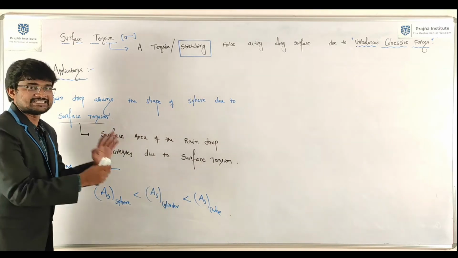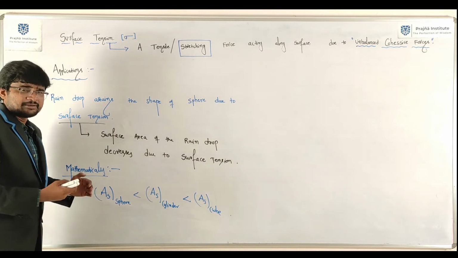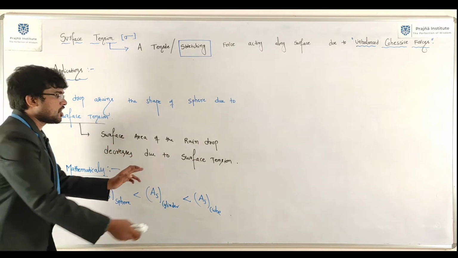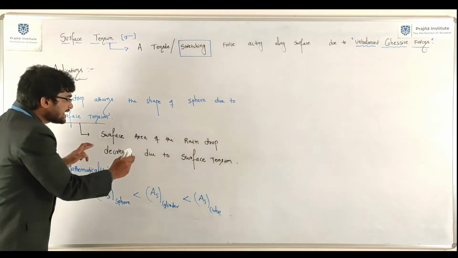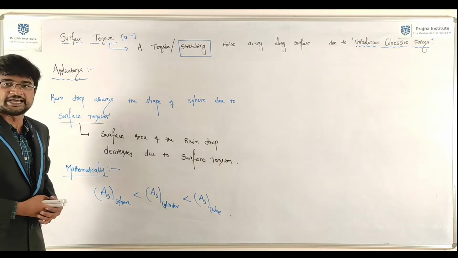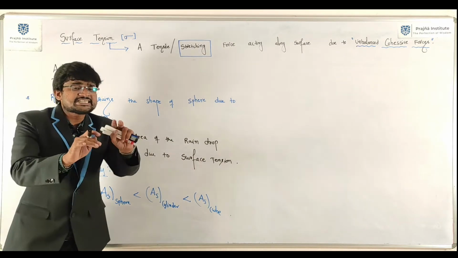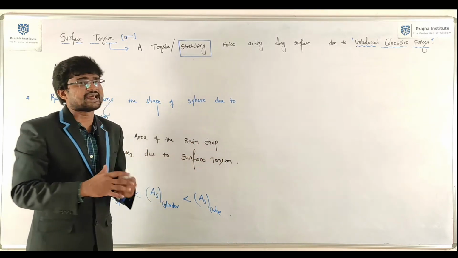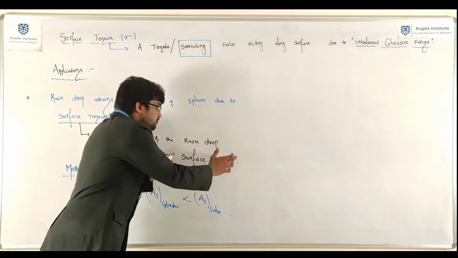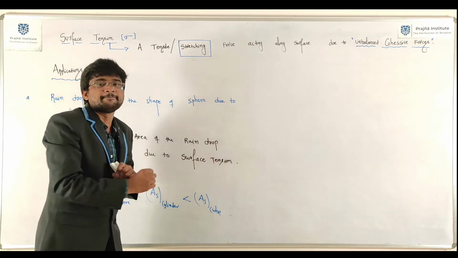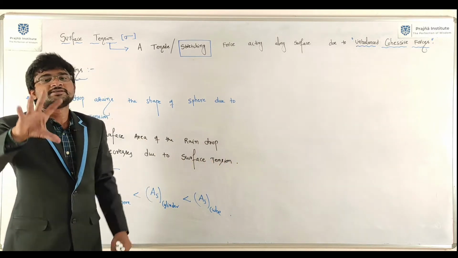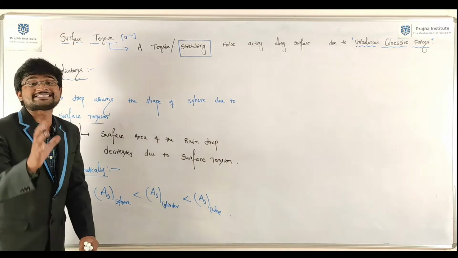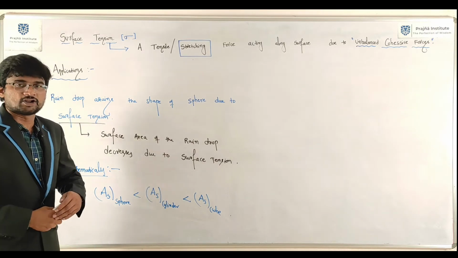We need to discuss here. In general, the surface area of the raindrop decreases due to surface tension. Because of this stretching action, surface tension decreases the surface area of the raindrop.